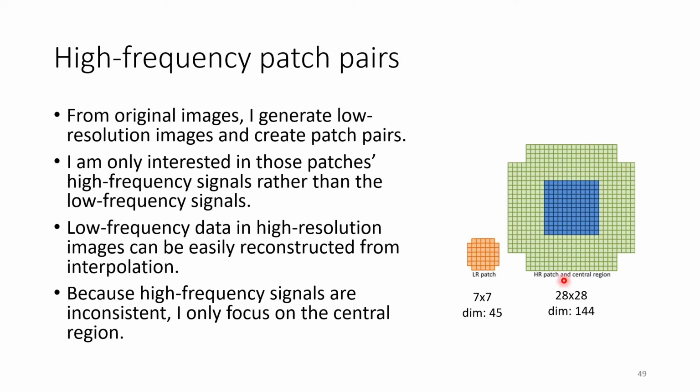I want the high frequency signals from the high resolution patch. I use a 7x7 patch, but I disregard the 4 corners, so the dimension of my low resolution patch is 45. For a scaling factor of 4, this is the shape of the high resolution patch, but I only care about the central region, those blue pixels.